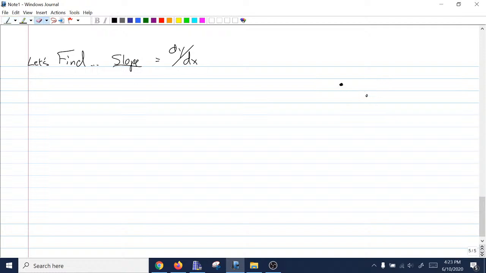Fix some t naught value. So this point will be x naught comma y naught, which is x of that specific t value comma y of that specific t value. And I want to think about, let's move the t value by a little bit. Where is our new point going to be? Let's call that t naught plus h, or t naught plus delta t.